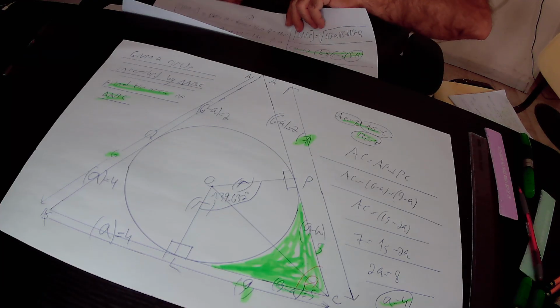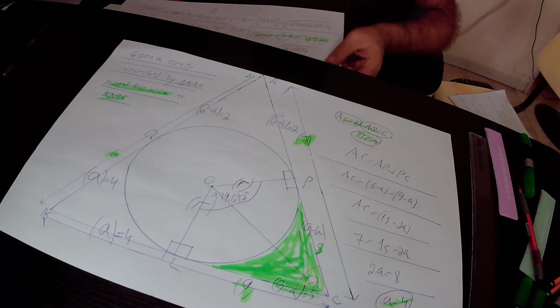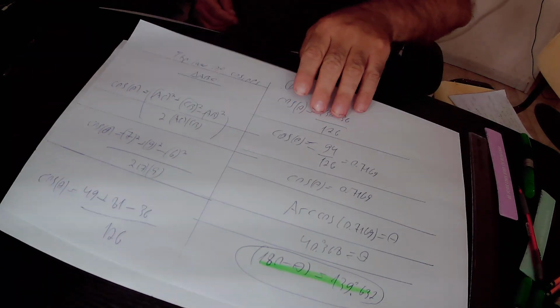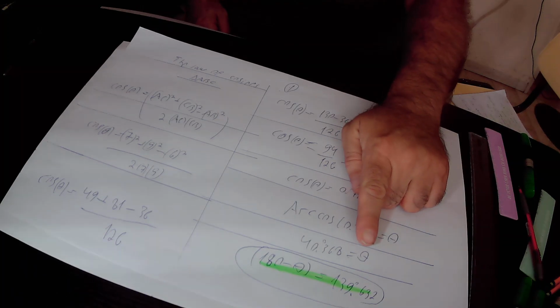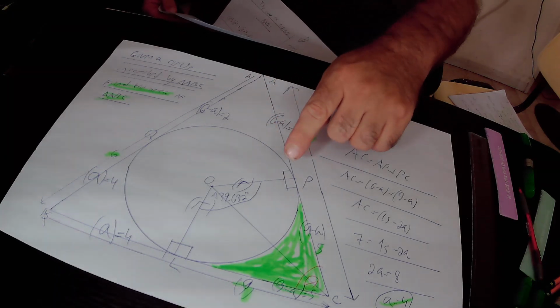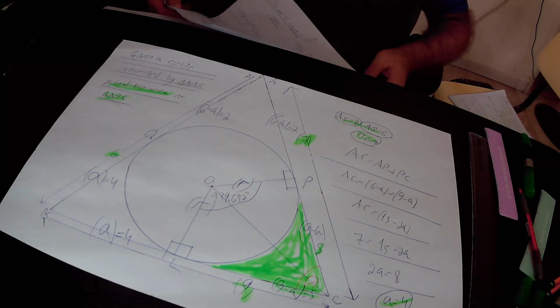This is the missing angle POL, it equals 180 degrees minus theta. But we already found out that 180 degrees minus theta equals 129.632 degrees. So we can write here that angle POL equals 180 degrees minus theta, equals 129.632 degrees in its size.